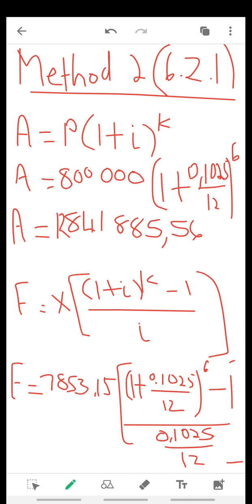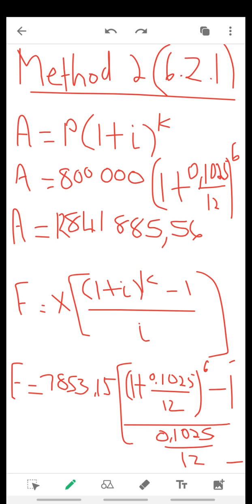So the second method will be, I'll be using the longer outstanding balance formula. Okay, where I start by finding A first. So this will be 800,000, which is what was taken, and then multiply by 1 plus 0,1025 over 12 to the power of 6 payments made. You remember?